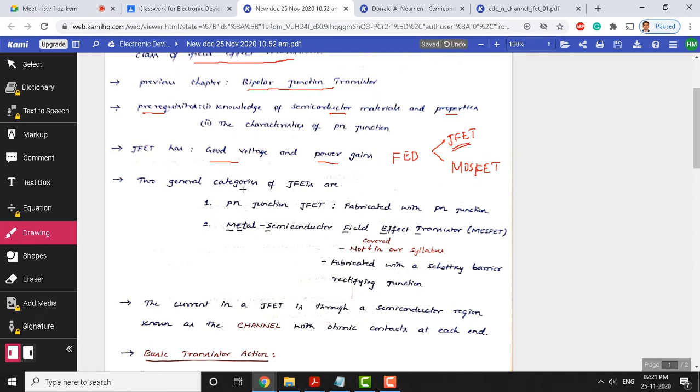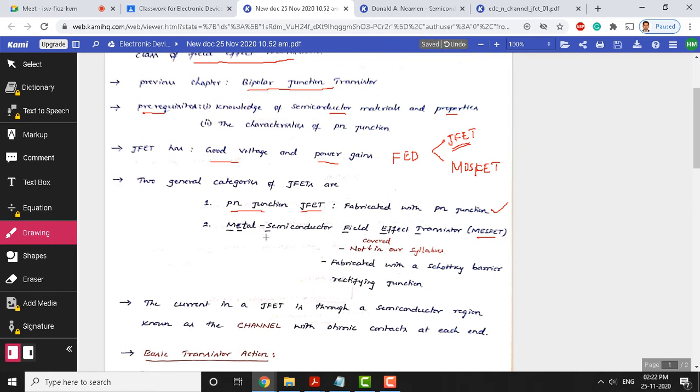If you subdivide the JFET, you have two different devices. One is the p-n junction based JFET, and the other is the metal semiconductor based field effect transistor, which we can shortly call the MESFET. In our syllabus we have only the p-n junction JFET.